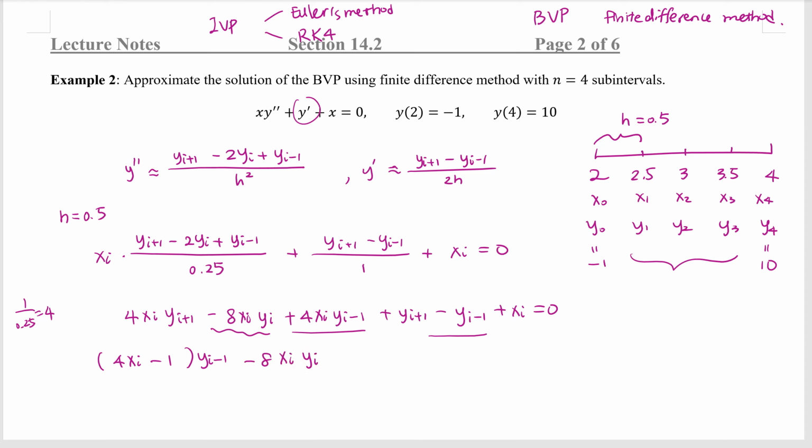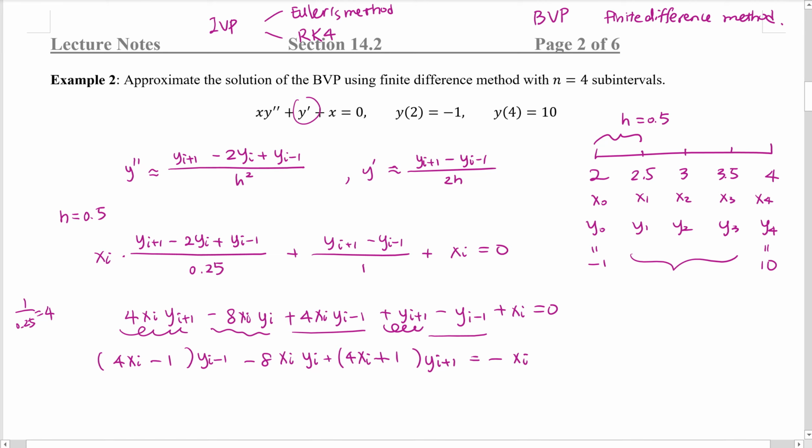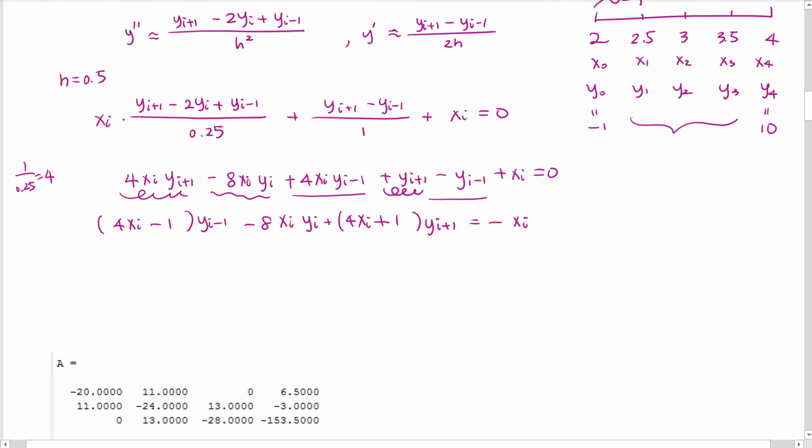And the y(i+1) term is 4xi plus 1. And the xi, let's move to the right hand side. You want to change it into this format, then it's easier to construct a matrix later on. After we simplify it, now we start to plug in.